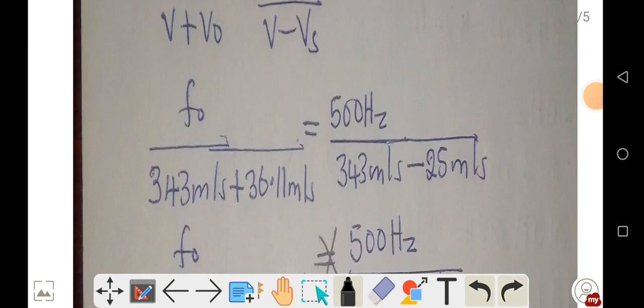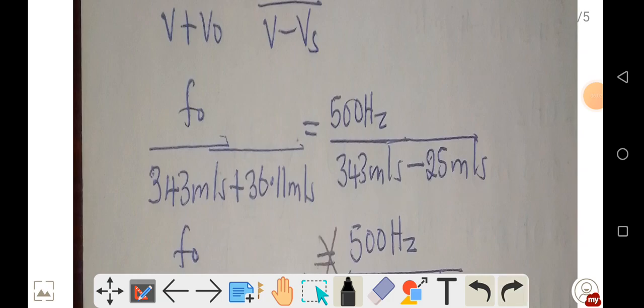On the right hand side of the equation, the frequency by the source was 500 Hz, which we have substituted here. Then the speed of sound in air is 343 meters per second. Then this source was moving towards the observer, so it was positive. And looking at our equation, when we substitute with a positive speed, it becomes negative. So this is what we have written here.